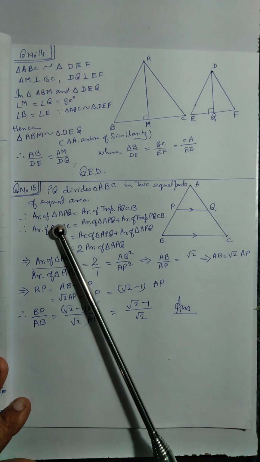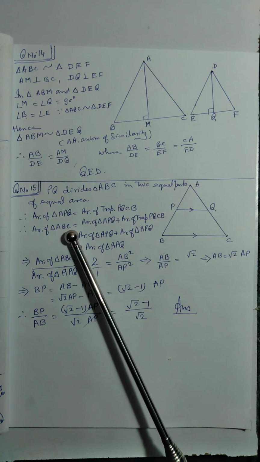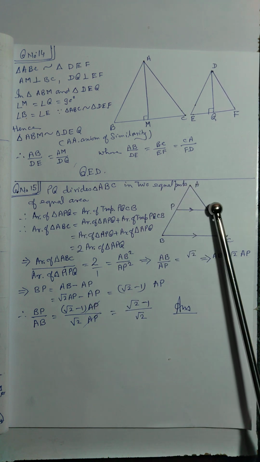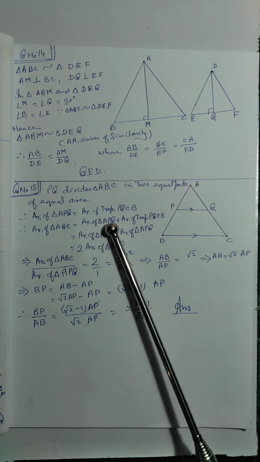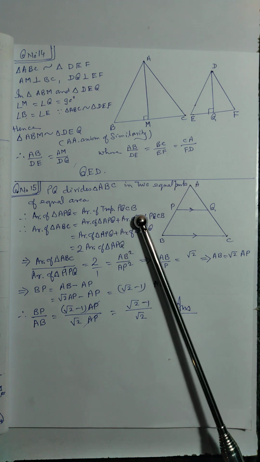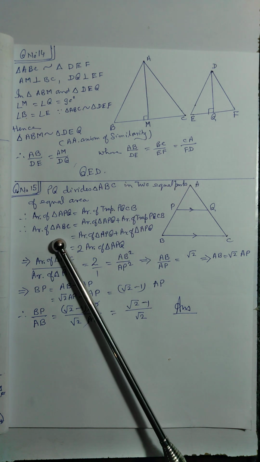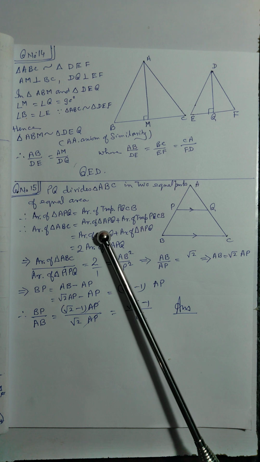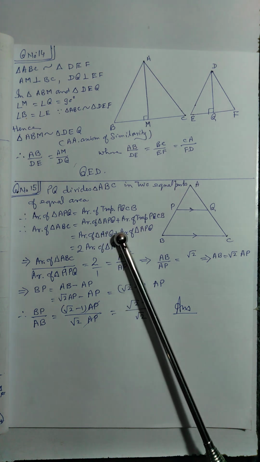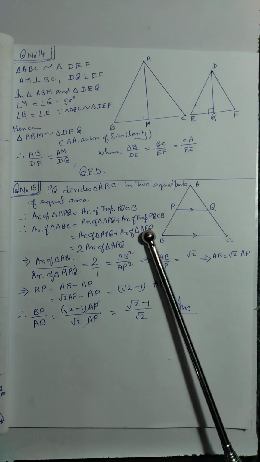Now you see, PQ divides ABC into two parts of equal area. So the area of triangle APQ is equal to the area of trapezium PQCB. Area of ABC is equal to area of APQ plus area of trapezium PQCB.